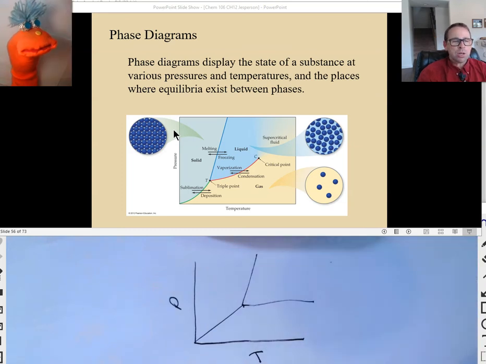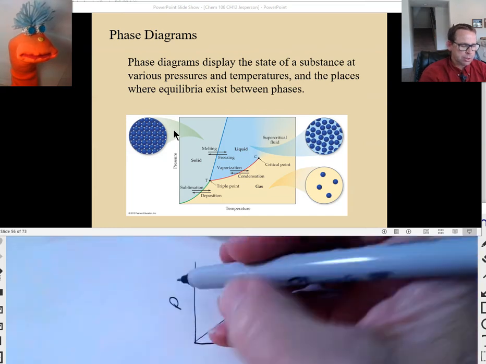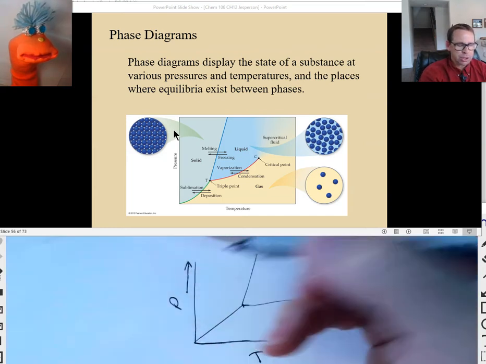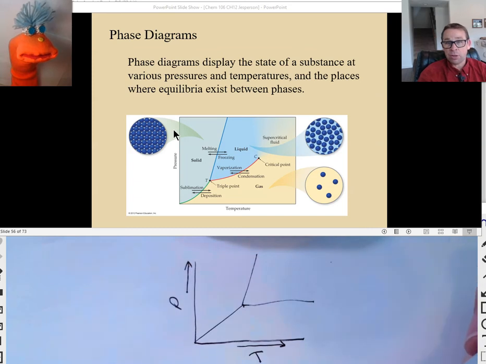Okay? So what you can do is look at pressure and say this is high pressure. And look at temperature. This is, again, increasing temperature, high temperature down here. And let's think about a solid. What do you think, Fred? Will a substance be a solid at higher pressures or at lower pressures?